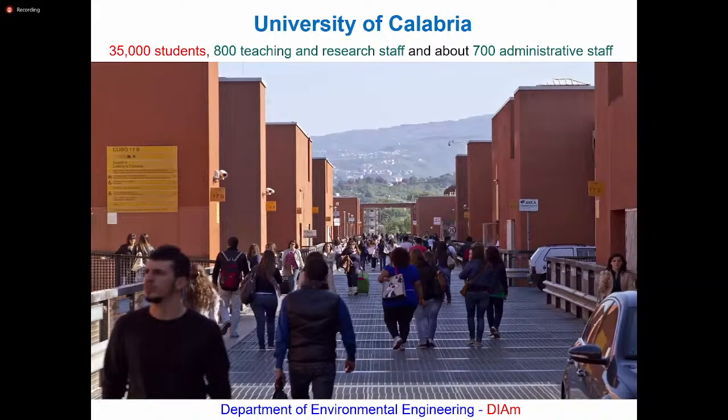The University of Calabria is also a very big university. It hosts more than 3,500 students and 800 teaching and research staff. The university is well aligned, with a very long bridge of about 800 meters, and the different departments and buildings are in line. And it looks actually nice also.